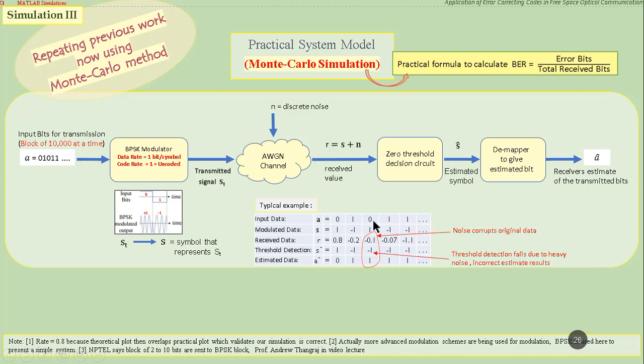Now what happened here is that 0 was the input data, it was BPSK modulated to +1, and then the noise killed it so much that it drove it to the negative side. Since it is negative, the receiver thinks it is a negative one signal, and negative one is converted back to a message which represents 1.